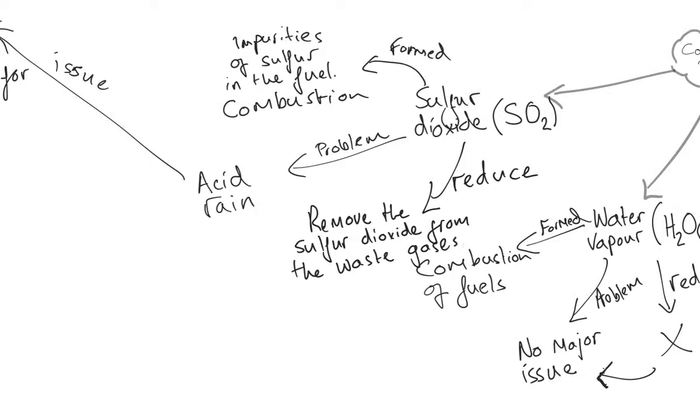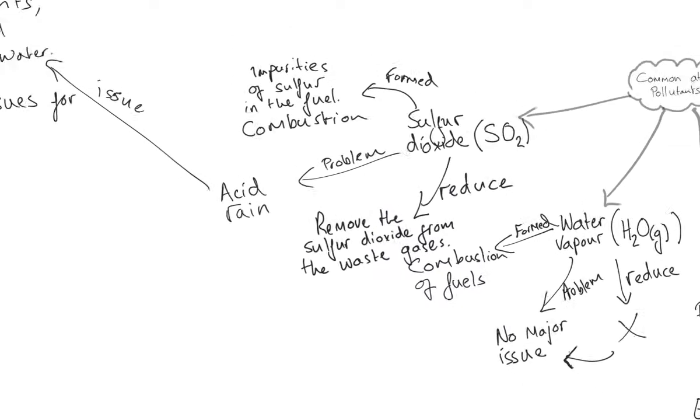So you have to remove it from the gases before it gets in the atmosphere. What you'd have is a system to do this built into the chimneys that you see on power plants or whatever. As the waste gases are produced and are rising into the atmosphere, there's a system there to remove the sulfur dioxide before it reaches the atmosphere.